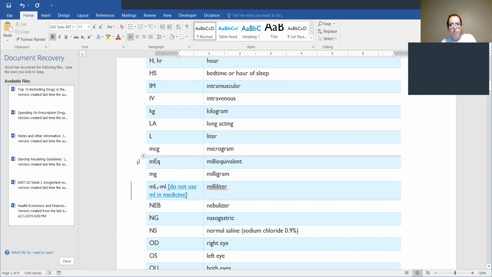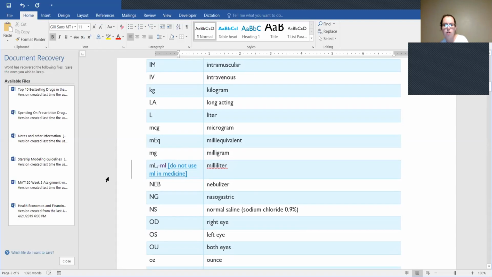It's important that you understand that this is a dosing unit, but you treat it just as though it's milligrams or micrograms, because the doctor will say, if you look at a potassium chloride tablet, it will say something like 5 milliequivalents or 10 milliequivalents. So basically, it's just a measure of potency, just like grams, milligrams, and micrograms.